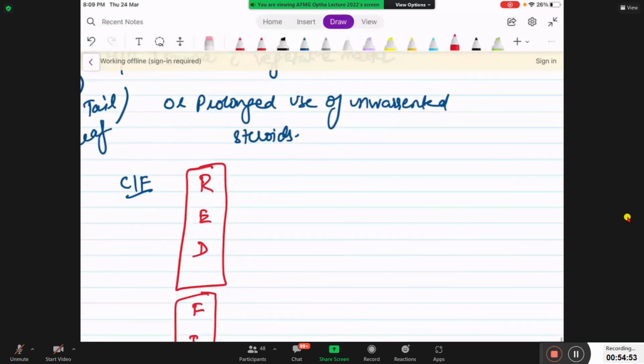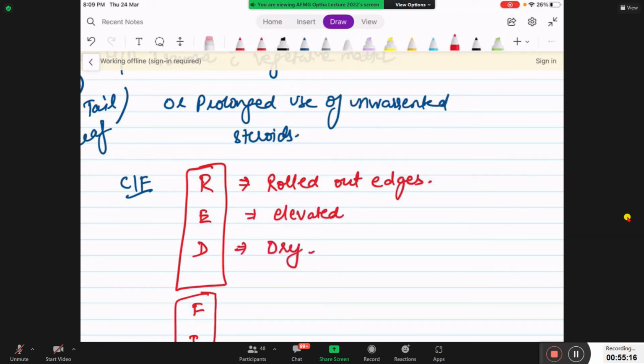Where R stands for the characteristic feature of the ulcer: the ulcer will have rolled out edges, and it will be an elevated ulcer. D stands for dry looking ulcer.